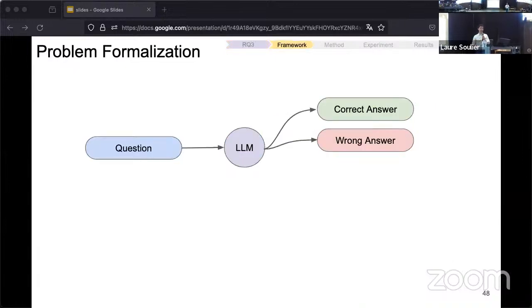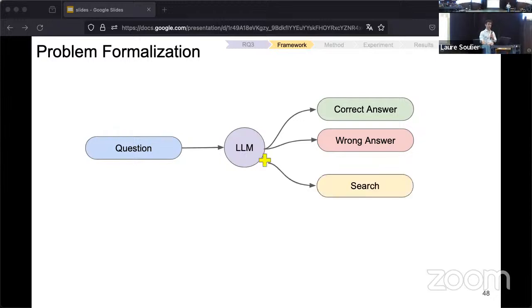So let's consider a language model that can perform question answering. It can either generate a correct answer or a wrong answer. Ideally, we want the model to generate only correct answers, but because of the training data, the language model can reach only a maximum performance on this task.